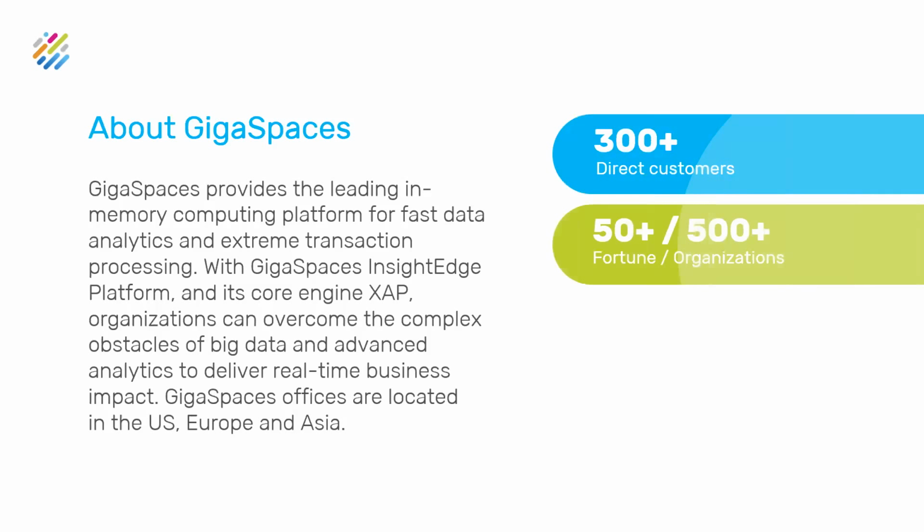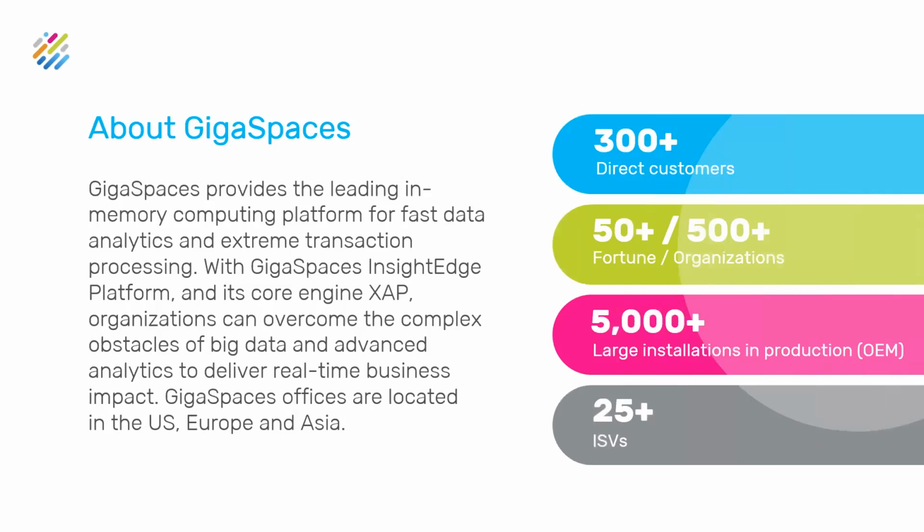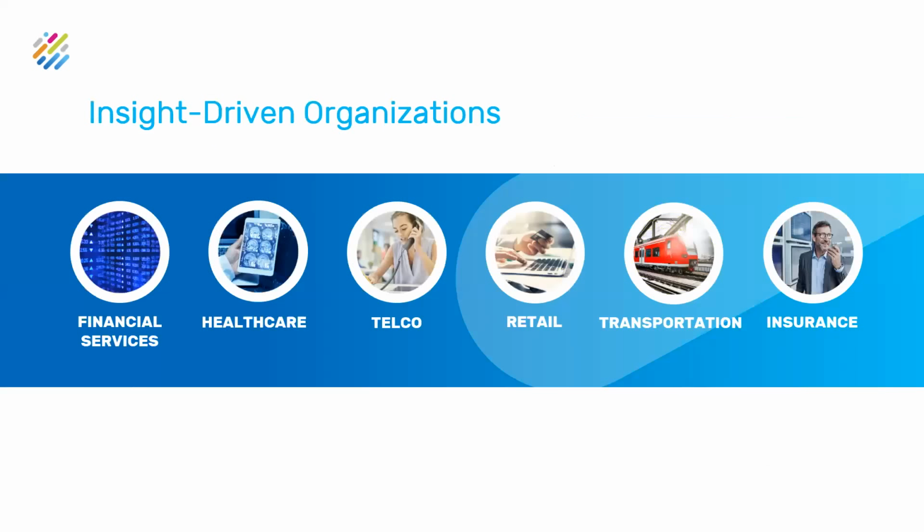As you can see, we have hundreds of direct customers. Lots of those customers are very large organizations. Because we're leveraging OEM and ISVs, we have thousands of installations. And if you look at our customers, you'll see that actually our first customers were mostly from the financial industry, but because the product is a generic platform and not finance specific, we've grown to other verticals as well, such as healthcare, telco, retail, transportation, and insurance.